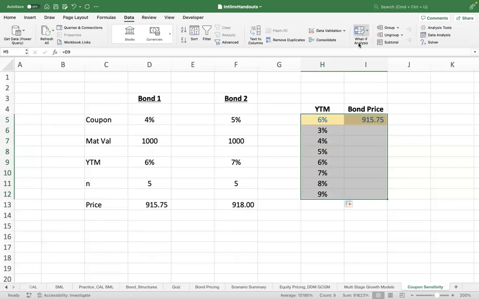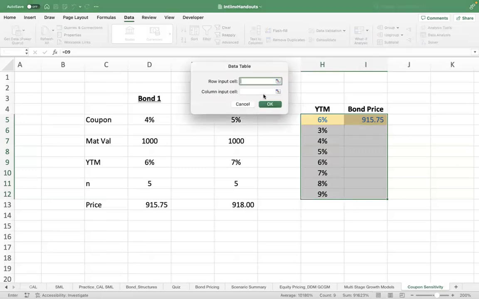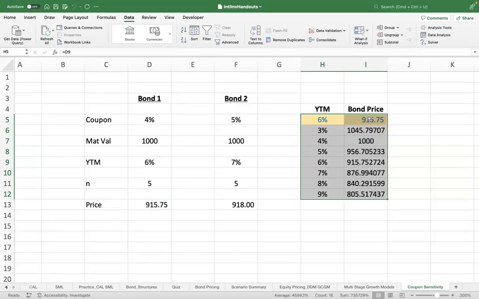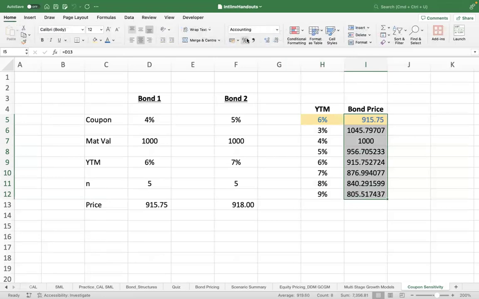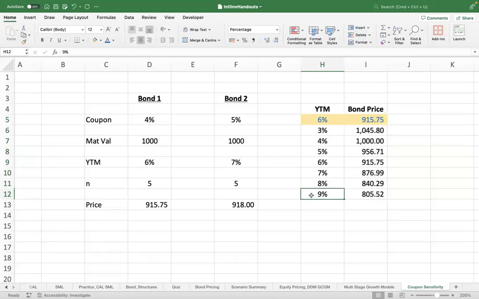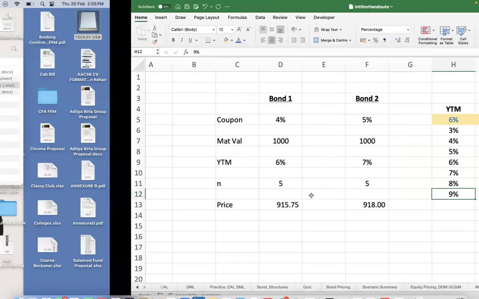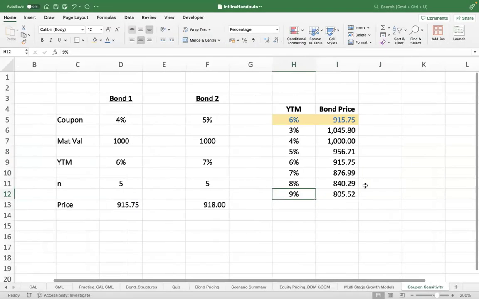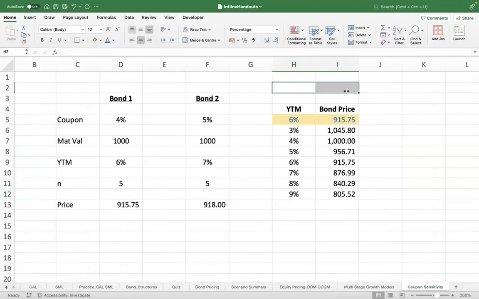So I go to data, what-if analysis, data table, and in the column input, I go and link it to my YTM and I will get all my prices. Right? Everyone? So this is for bond 1.